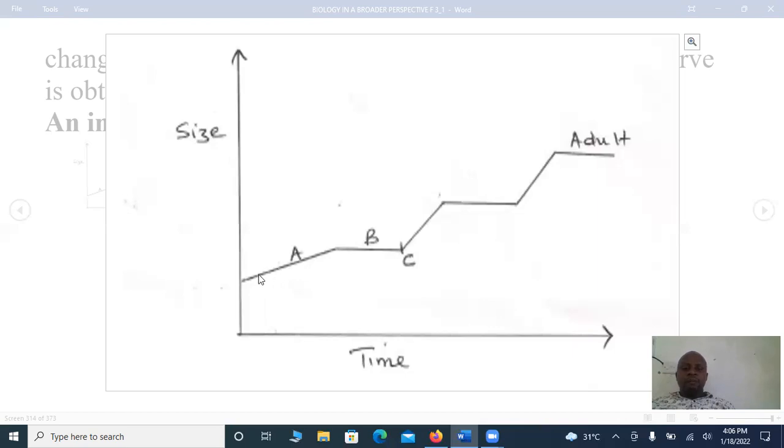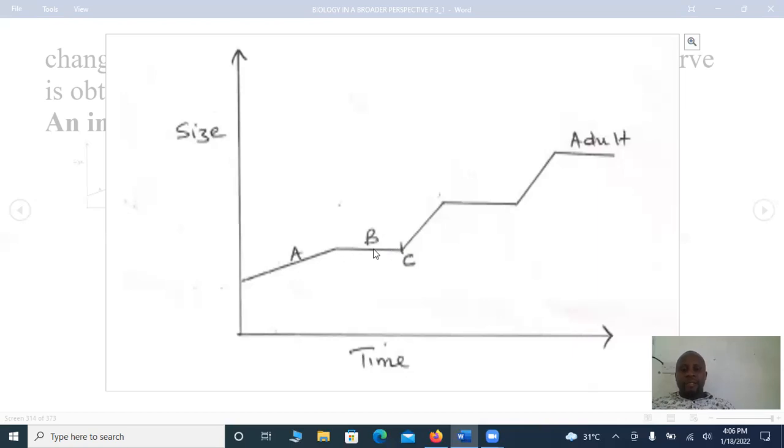When the organism, for instance, is born, the exoskeleton is flexible. Therefore, the organism will tend to increase in size up to a certain point whereby the exoskeleton will have hardened. At that point, there will be no increase in size.